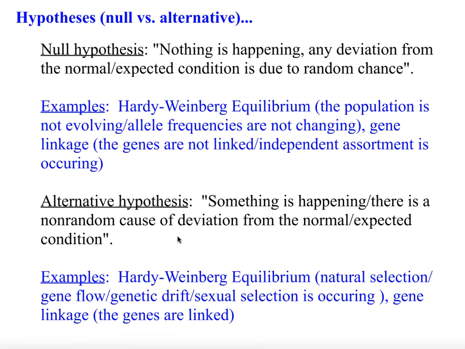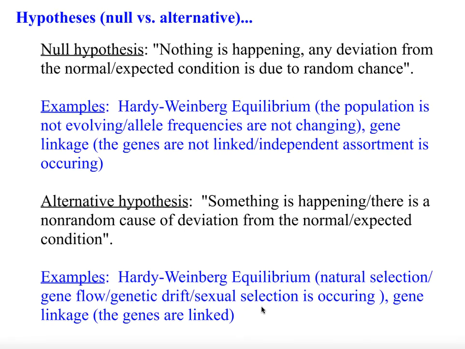So alternative hypothesis is just the opposite of the null. Something is happening. There is a non-random cause of deviation from the normal expected condition. So when you do a chi-square analysis and you reject the null hypothesis, you're basically providing support for this alternative hypothesis, which in Hardy-Weinberg would be like natural selection or gene flow or genetic drift or sexual selection.